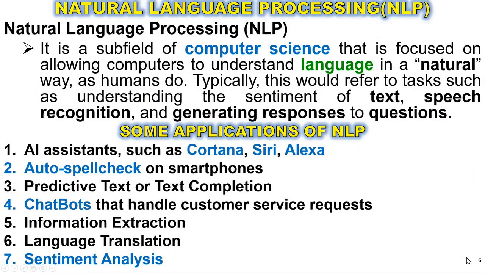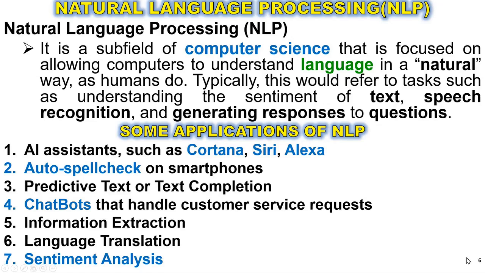Natural language processing, or NLP, is a subfield of computer science that is focused on allowing computers to understand language in a natural way as humans do. Typically, this would refer to tasks such as understanding the sentiment of text, speech recognition, and generating responses to questions.